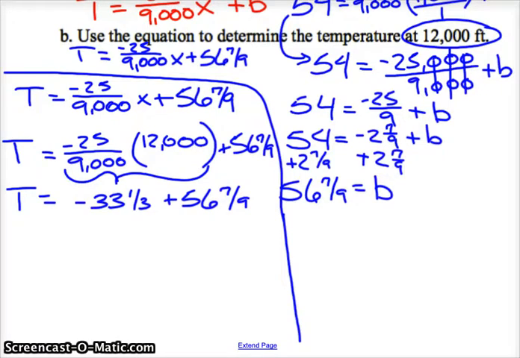So adding those two, you end up with T is equal to 23 4/9. So my temperature is 23 4/9 or 23.44 repeating degrees Fahrenheit.